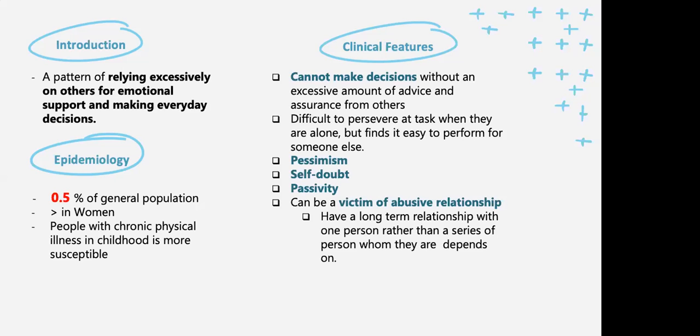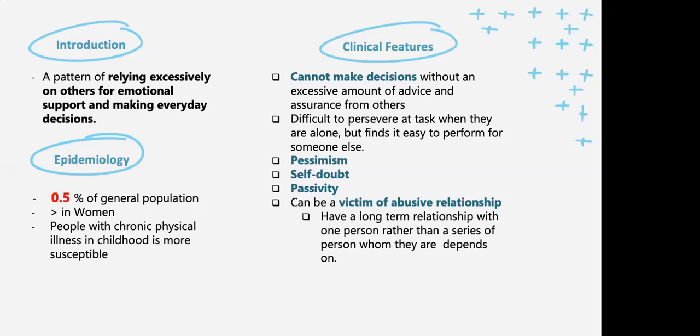They are very pessimistic, always having thoughts like, I cannot do this, this is not going to work. So they have a very high amount of self-doubt. And passivity. Passivity means that they accept everything that is suggested to them. Anything people say, there's no resistance because they're afraid of being left to take care of themselves.